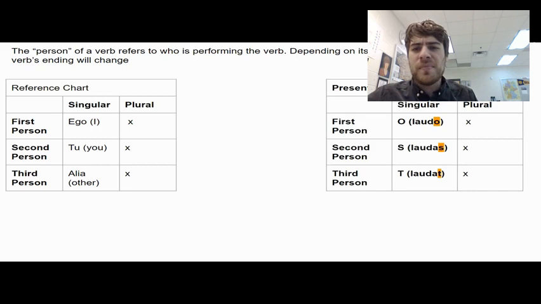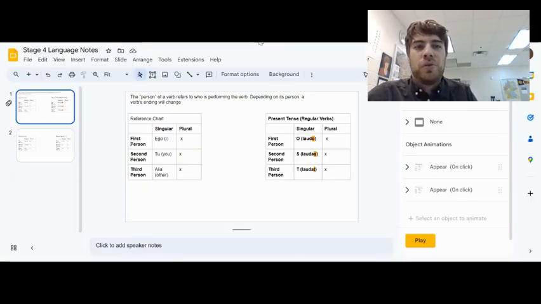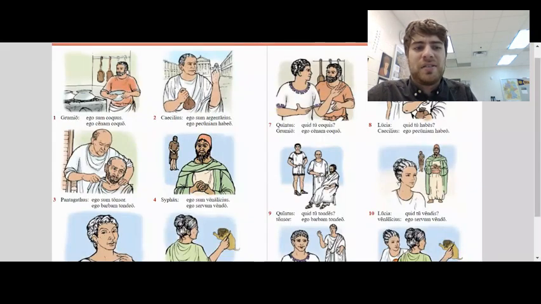So, if a verb has a first person singular subject, at this point, for present tense verbs, the verb is going to end in the letter O. All right, looking back to those model sentences, ego canem coquo, right? Ego barbam tondeo.